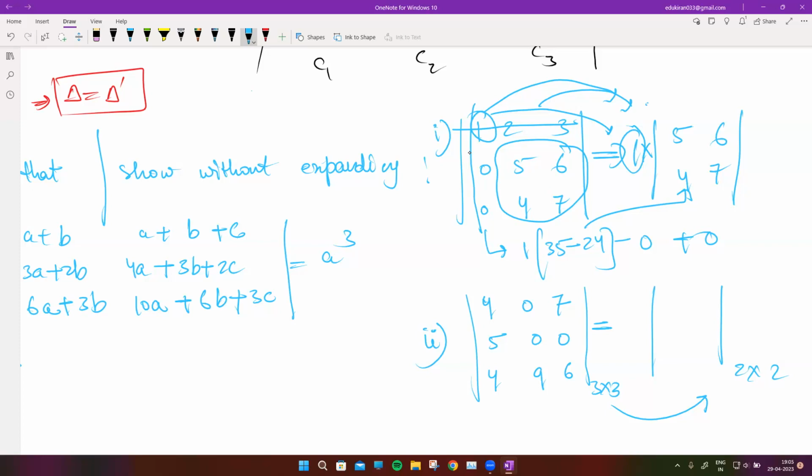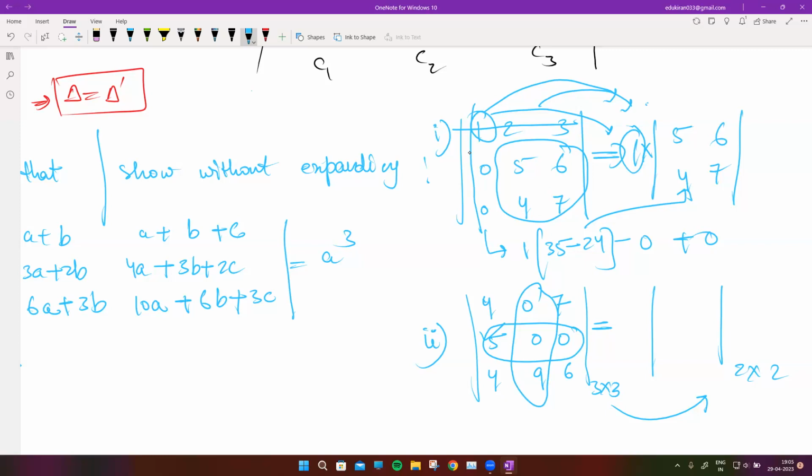Now, first of all, I will check my options. Second, if you check the second column, there is only one element which is non-zero, 9, right? Then if you check the second row, then also there is only one element, 5, which is non-zero. So I can reduce it either way.